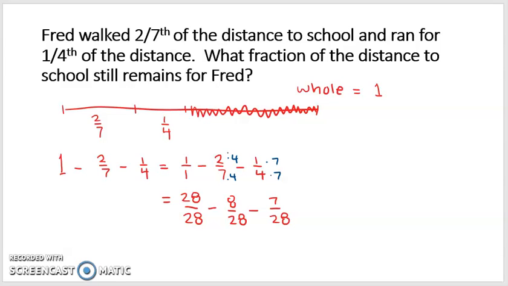Remember, the objects are 28ths. Think of this algebraically. 13/28 is what's remaining. I cannot simplify that. I cannot reduce it at all. So that's the fraction of the whole, the fraction of the distance that Fred still has to walk.